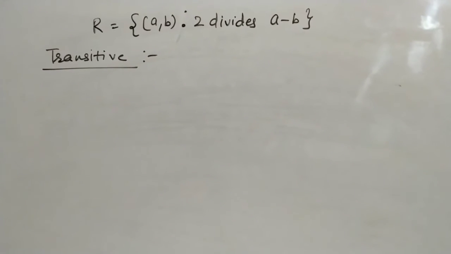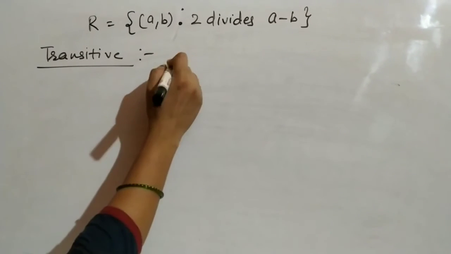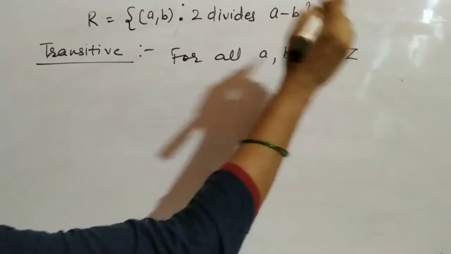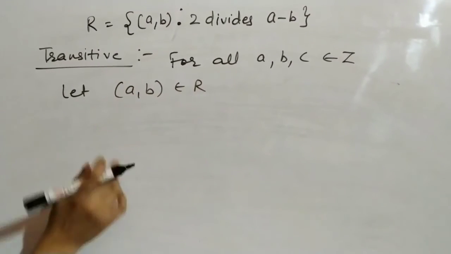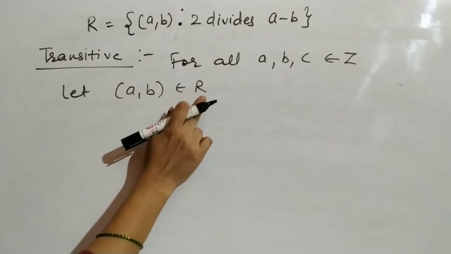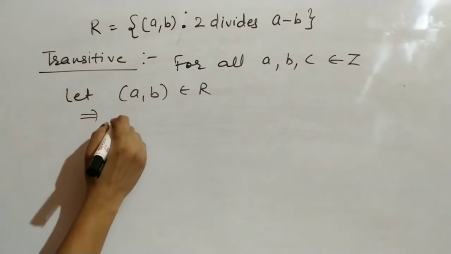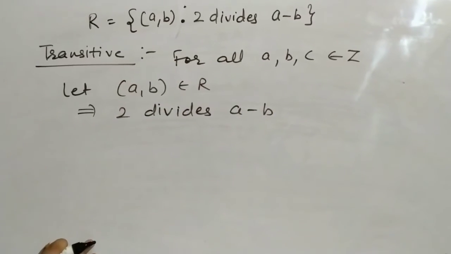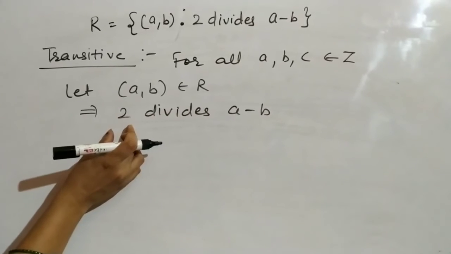Now we will check transitivity, means R is transitive or not. For all a comma b comma c belongs to Z, let us consider a comma b belongs to R. If a comma b belongs to R, means 2 divides a minus b. So it implies a minus b is some multiple of 2.